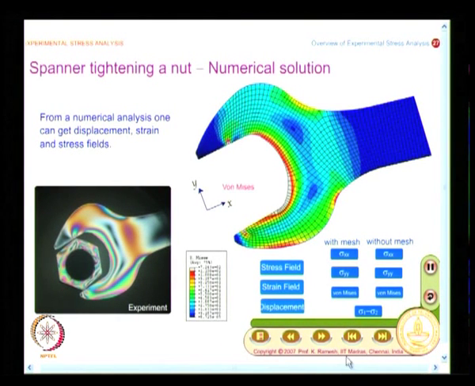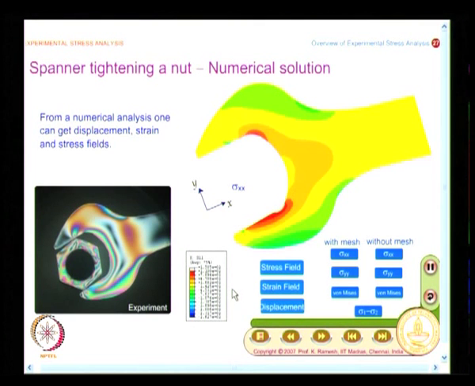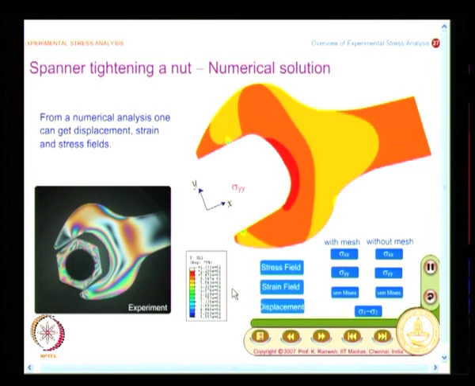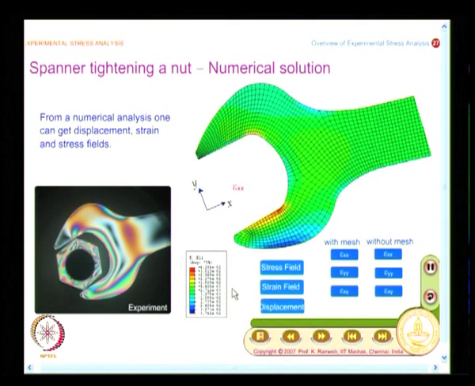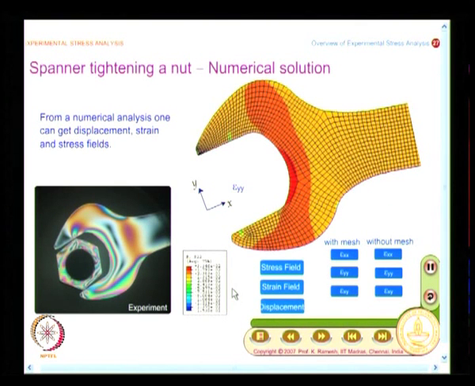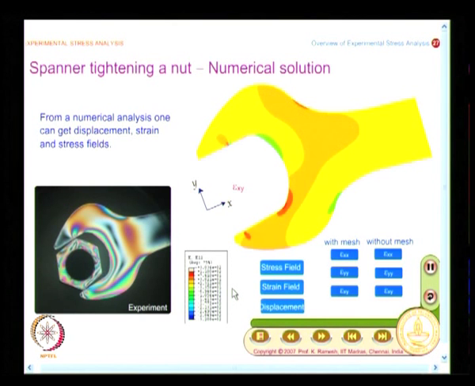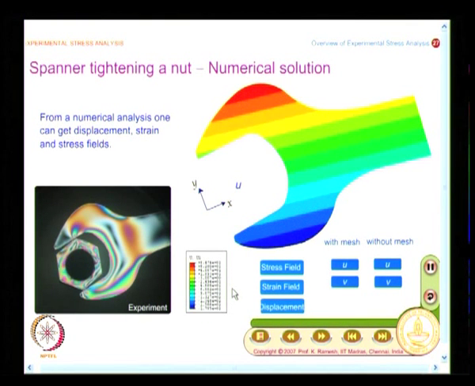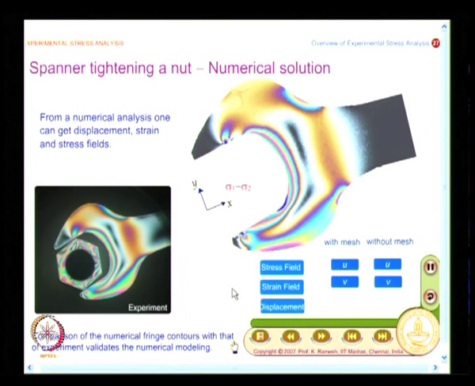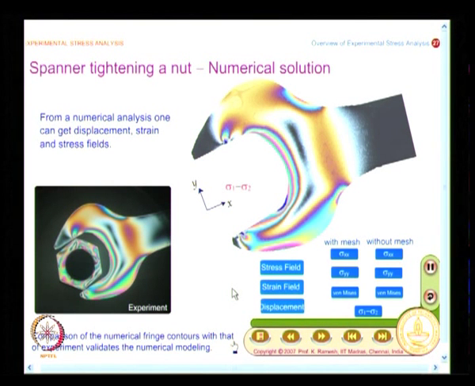You have a very rich set of results that you get from a numerical solution. In this case, the numerical method adopted is finite element method, and you have meshed the spanner. What you find here is the experimental fringe pattern and this is the simulated finite element result of sigma 1 minus sigma 2 contours. Here I want to point out a few things.